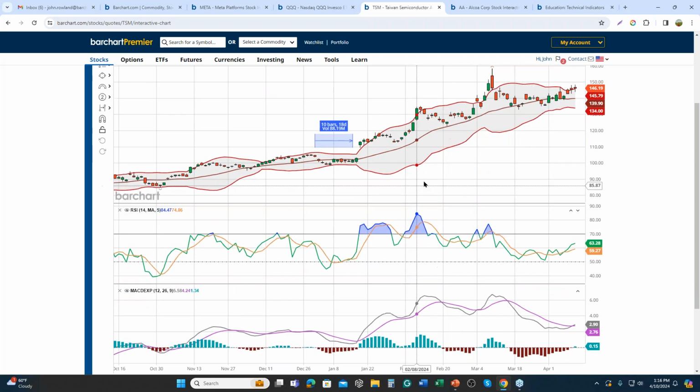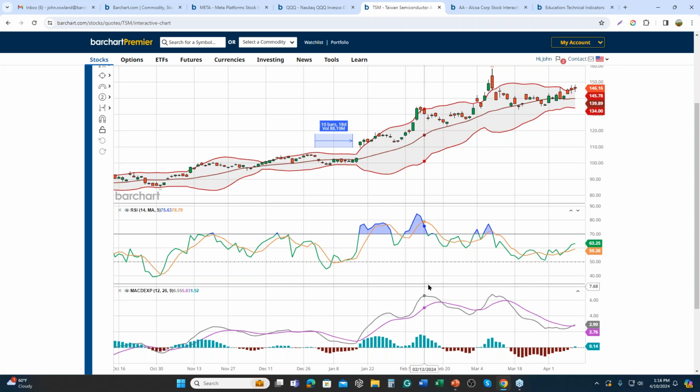So we can see here that we've got a deviation based on a Bollinger Band. We have an overbought condition based on RSI, and we see our momentum in our MACD is changing. All of these indicating a potential mean reversion.